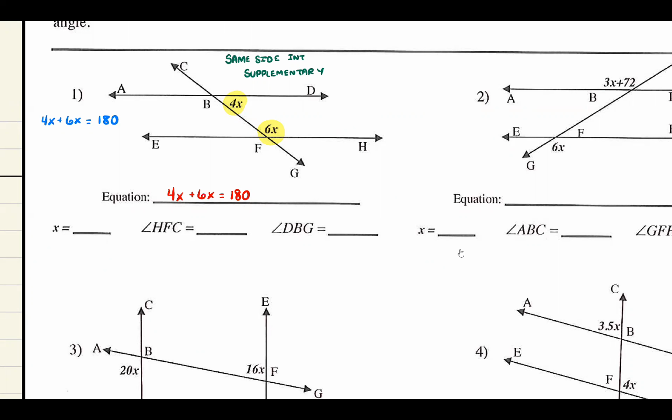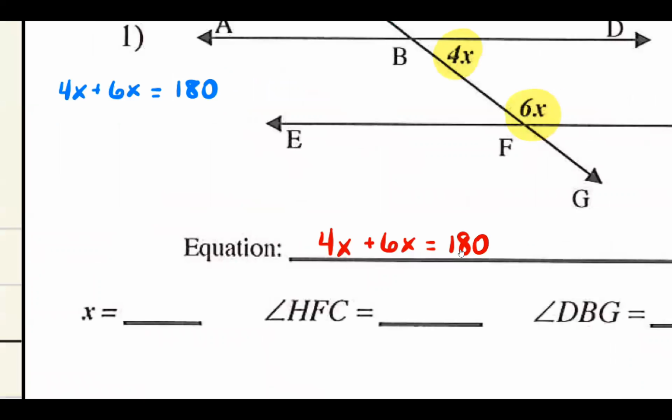What would we do first? Do we have any like terms on the same side? So we're going to add together our like terms. Yeah, make a big old CLT sandwich. Combine our like terms. Now that we've combined like terms, what do we do next? Divide by 10. Absolutely.